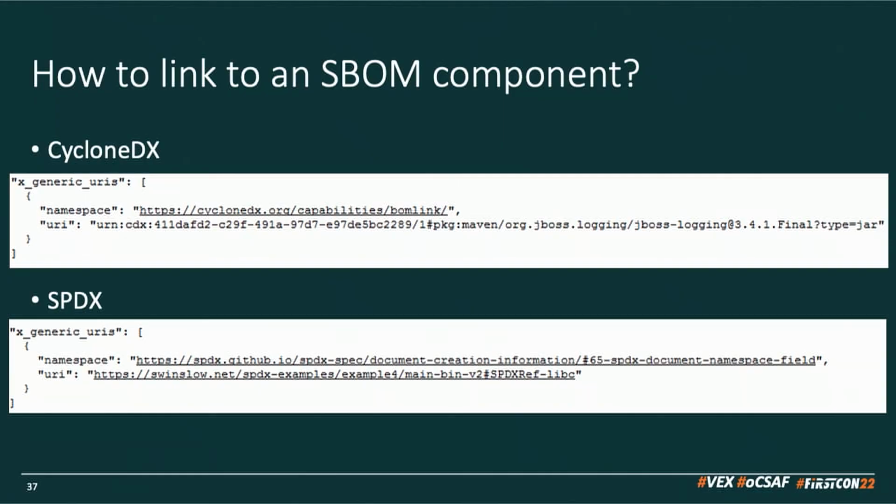You can link it to an SBOM component. There are two main formats for SBOM, CycloneDX and SPDX. CycloneDX calls that link a BOM link. SPDX doesn't have a funny name for that, so it's just a specification for how you create that link. And those links are actually valid examples from the SBOM examples, so you can see which ones are referenced there.